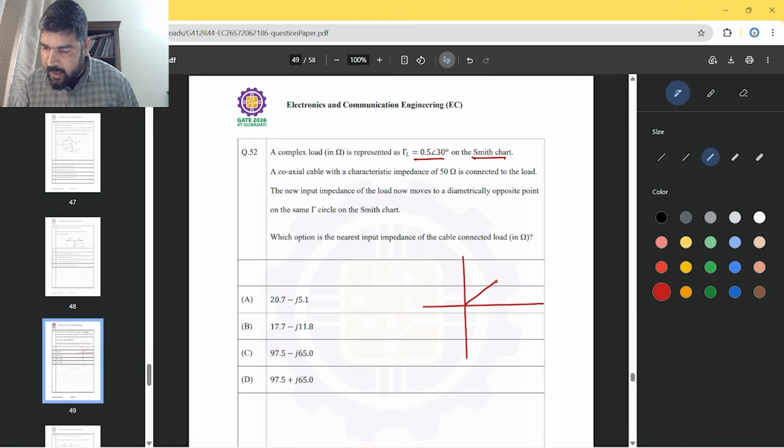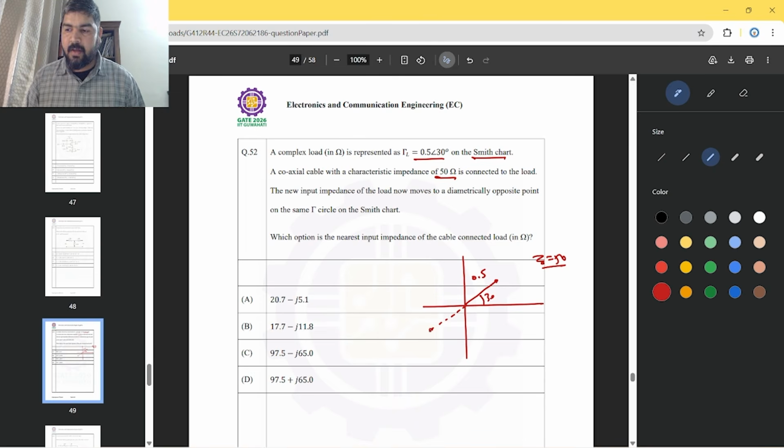The angle is 30 degrees and the magnitude is 0.5. A coaxial cable with characteristic impedance of 50 ohm is connected to the load. The new input impedance of the load now moves to a diametrically opposite point on the same gamma circle on the Smith chart.